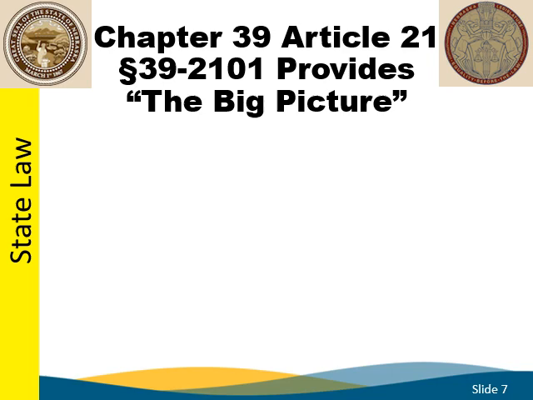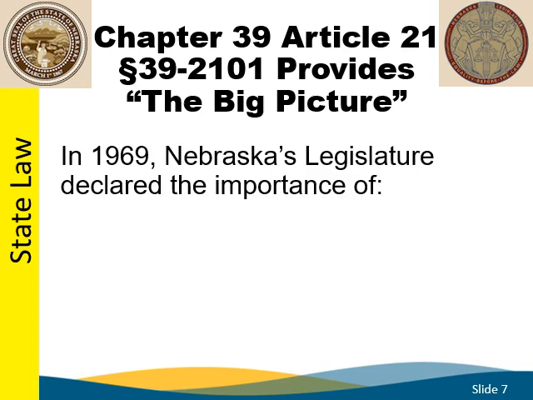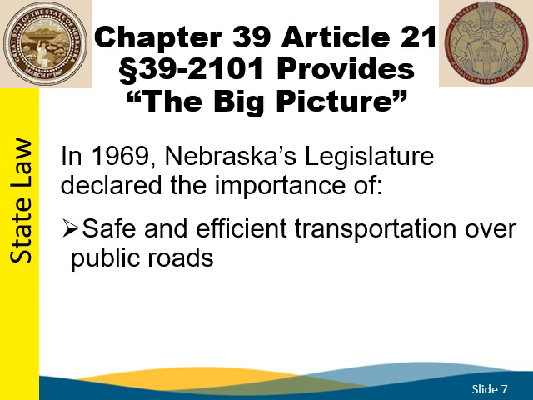streets. State Statute 39-2101 is a declaration that provides a broad overview or the big picture view of 1969 legislation, which was a significant change in Nebraska's approach to its system of highways, roads, and streets. The Nebraska legislature recognized, determined, and declared that safe and efficient transportation over public roads is a matter of major importance to all Nebraskans.